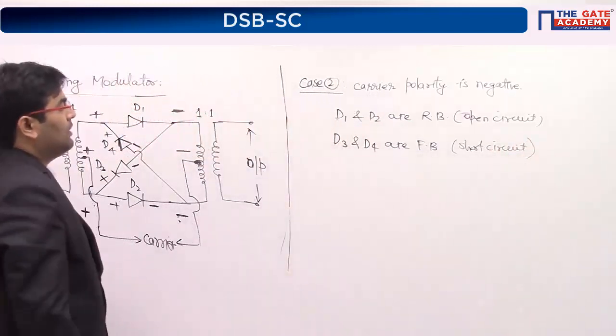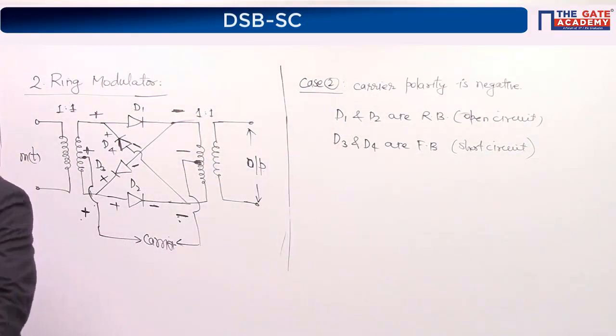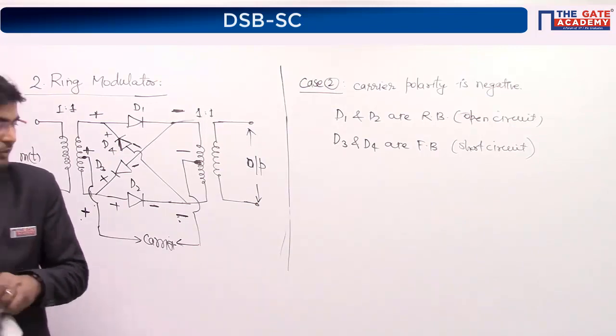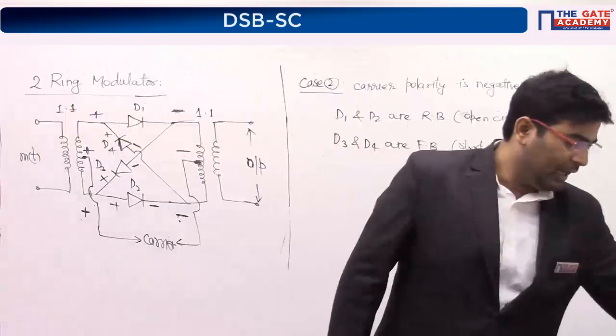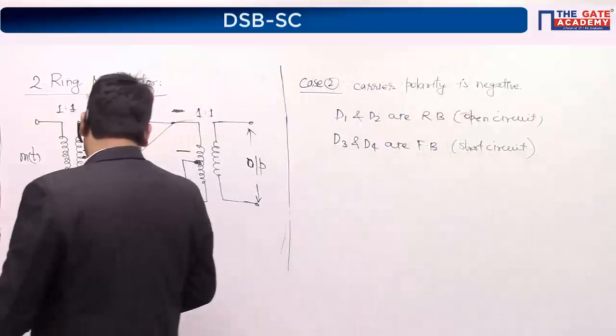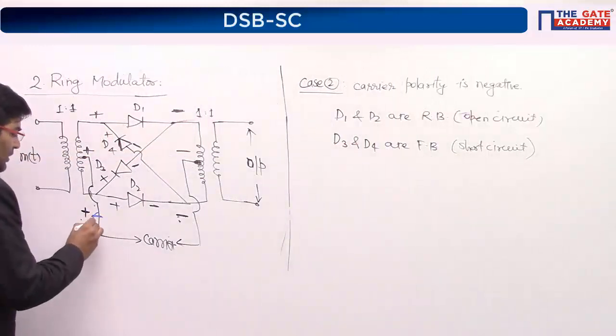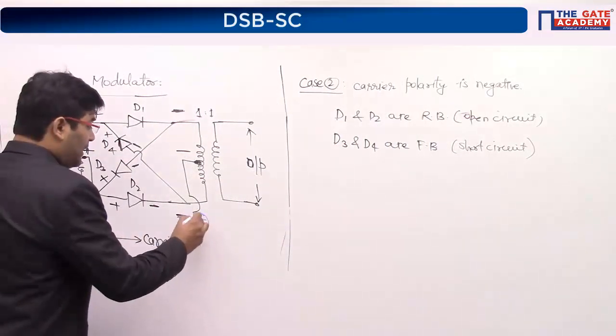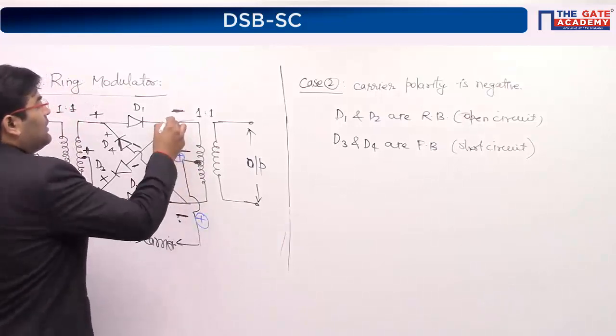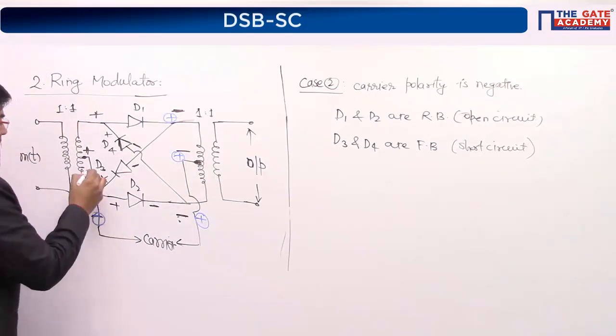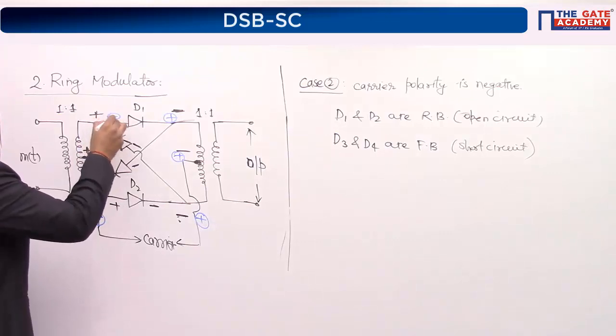Okay. Now how is it happening? I can explain, don't worry. So let me take another color. Now this time this is minus, this is minus, this is plus. So this is plus, this is plus, this is minus, this is minus, this is minus.